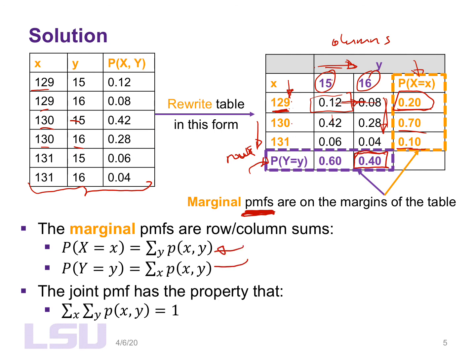So this formalizes all I just explained. For X, you sum across columns. For Y, you sum across rows. And you can also observe that all of this will sum up to 1.